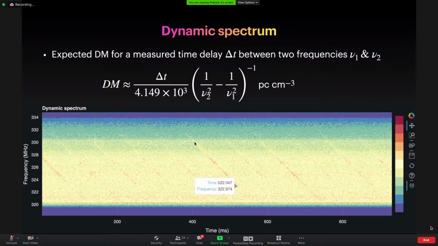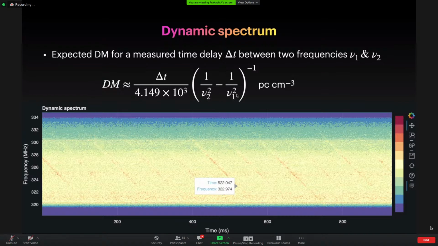Then at lower frequencies, you have to wait another 100 milliseconds or so before you see the same signal. If you had two antennas, one at higher and one at lower frequency, you would observe them at a delay. The lower frequency antenna would observe the pulse at a delay with respect to the higher frequency antenna.